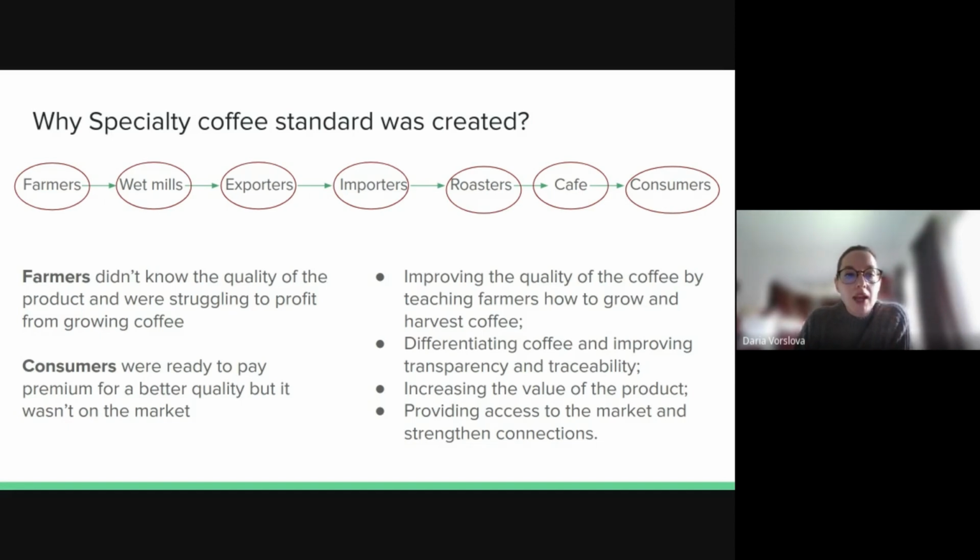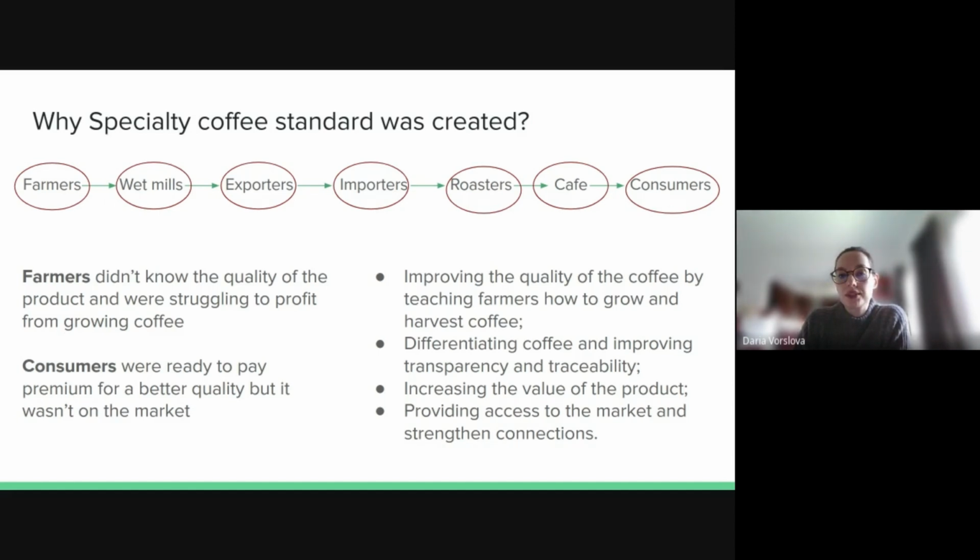And in this case, if you cannot trace the coffee to the region, to the farm, if you don't have full information about the coffee, if the coffee contains more than 5 secondary defects or has more quakers than 3 per 100 grams, even if it has 80 plus scores, maybe it's not a specialty coffee.